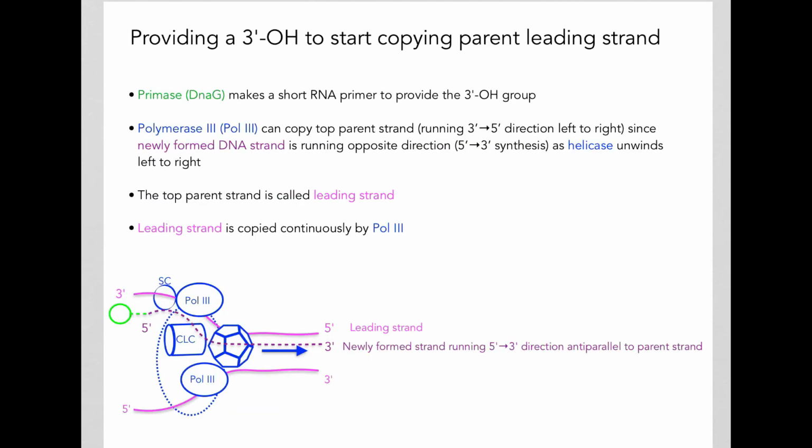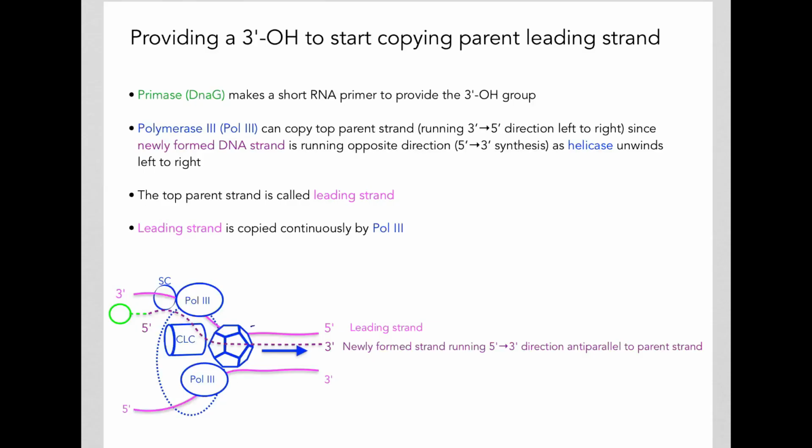Before polymerase 3 can start copying the template strand, as we mentioned, we need a 3' hydroxyl group, and this comes from a short RNA primer. We see a short RNA primer here, and this RNA primer is made by the enzyme primase, or DnaG. This primer will provide the 3' hydroxyl group necessary for polymerase 3 to start copying the template strand.